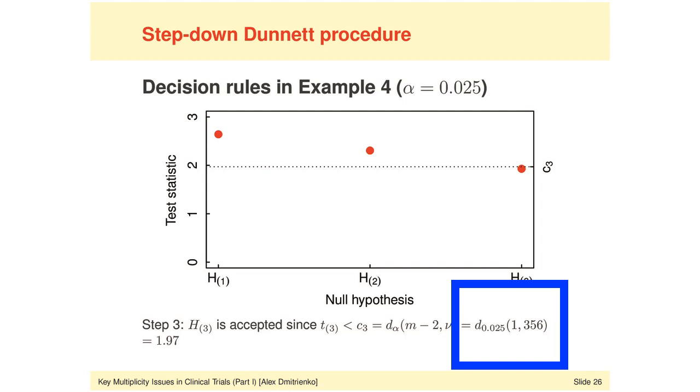This critical value is much lower than the critical values used in steps 1 or 2, but despite this fact, the test is not significant because the test statistic is simply not large enough relative to this lower critical value. And the conclusion is that the step-down Dunnett procedure cannot reject the last hypothesis in the sequence.